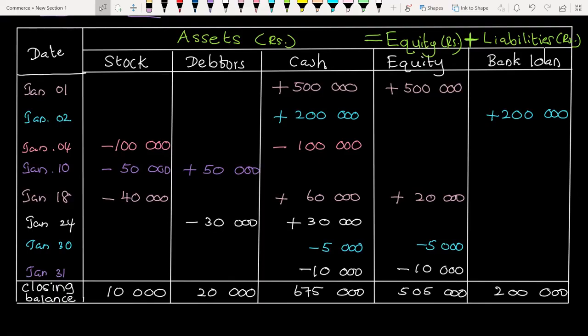Right. Before that, we are going to do one more step. Now here, stock, debtors, cash, all these three items are assets. So we need to show these three items added together by using pluses. Stock plus debtors plus cash. Then our equal mark. And again equity plus liabilities, which is bank loan here.